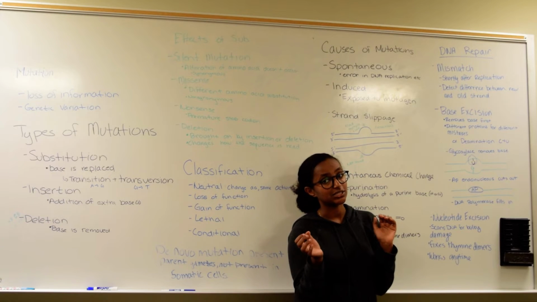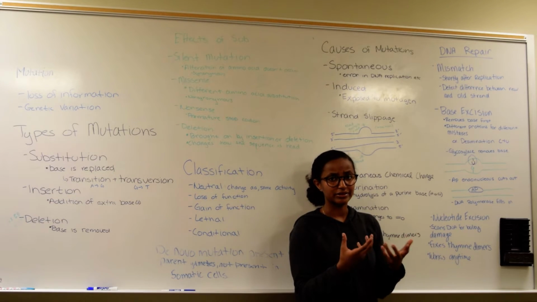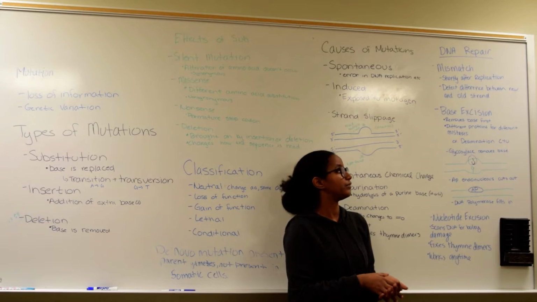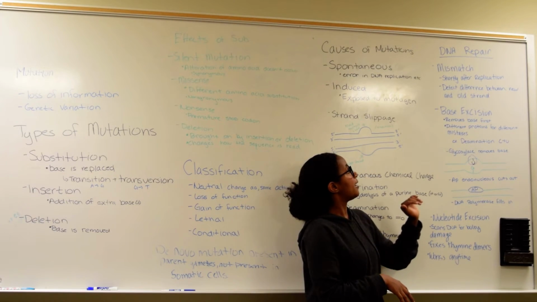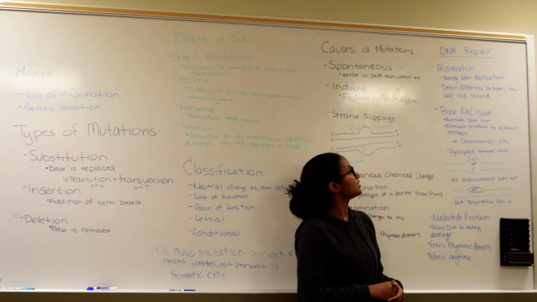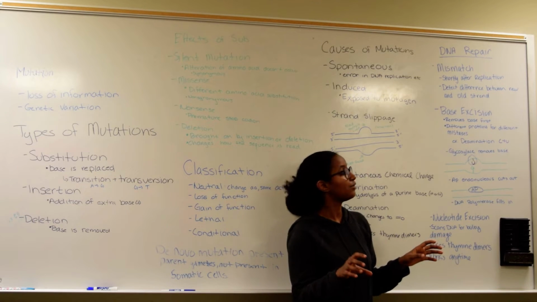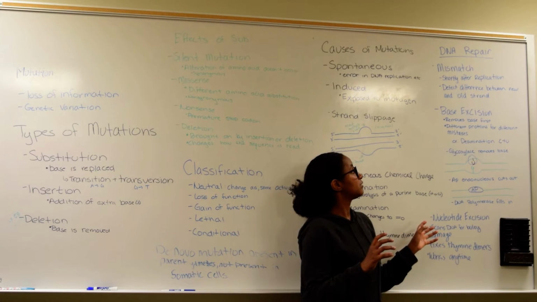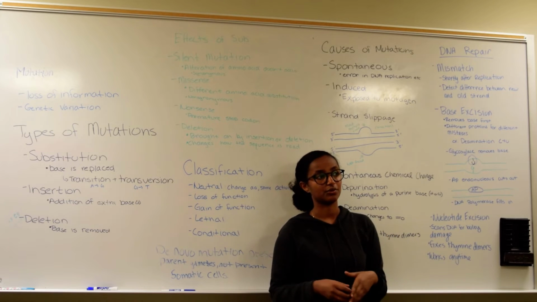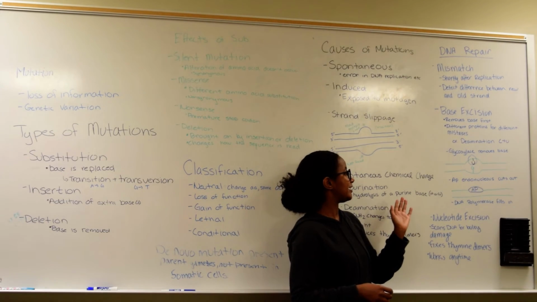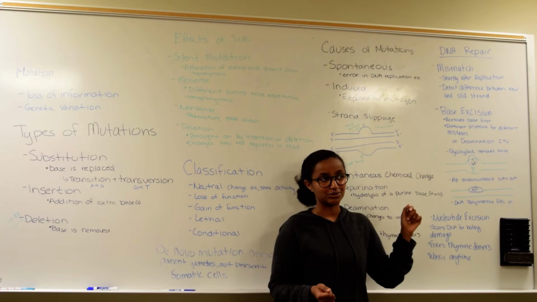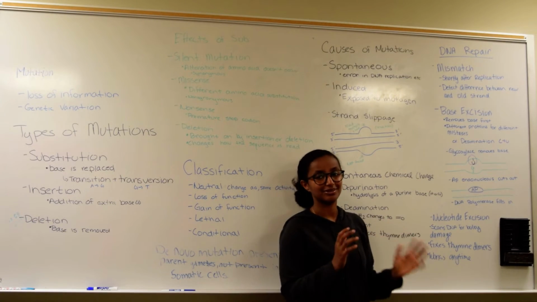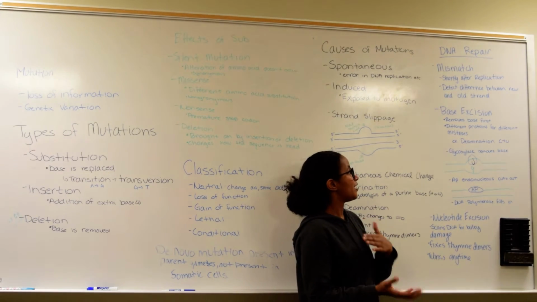If it detects differences, then it can go ahead and begin the repair. And then there's base excision repair. This works at the base level, and different proteins fix different mistakes. For example, you wouldn't use a pencil eraser to erase the whiteboard. So different mistakes, different proteins.